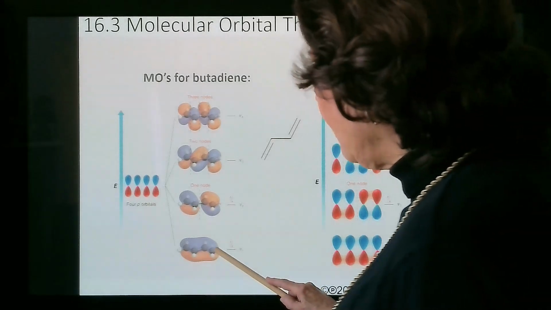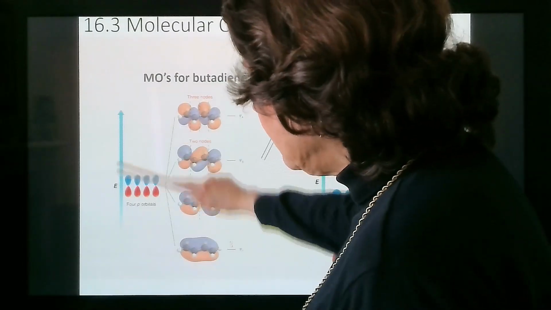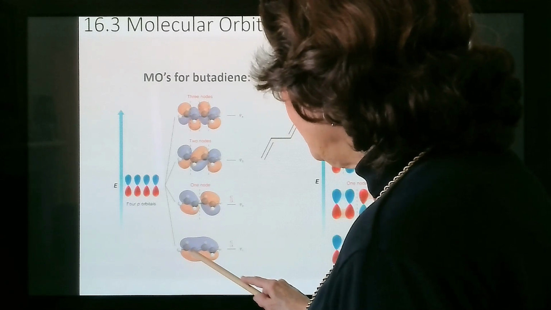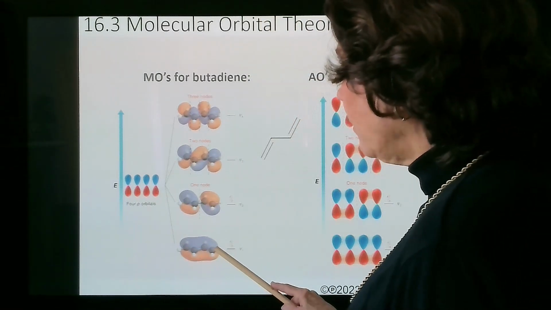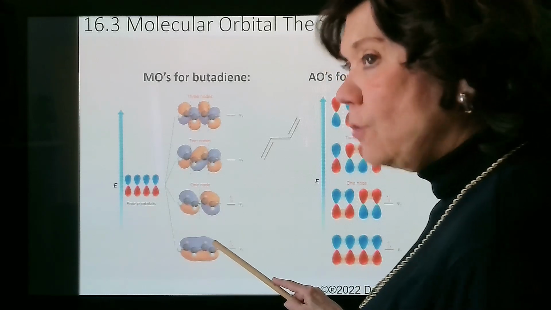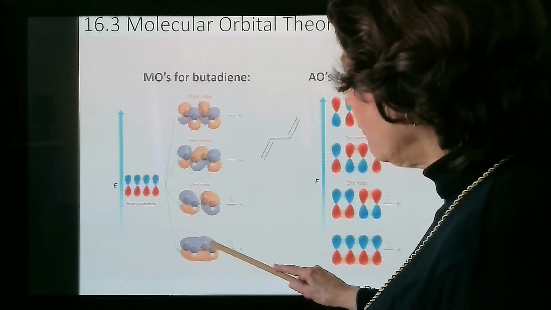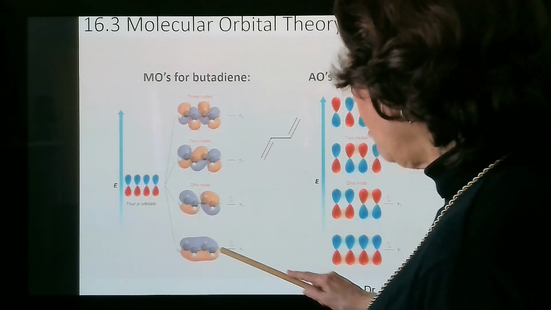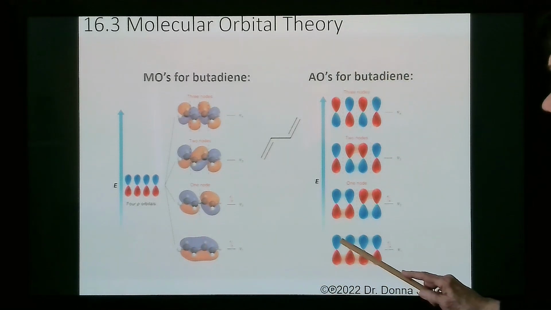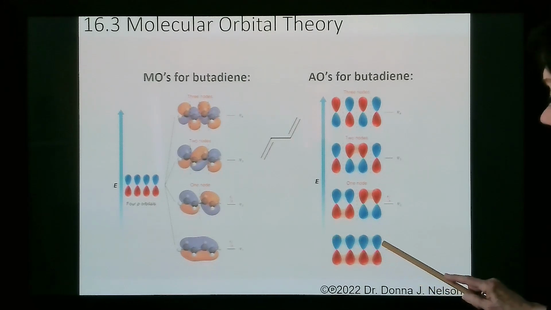You can see the lowest energy. This shows the energy. You can see the lowest energy molecular orbital has no nodes. So in other words, there's overlap across all four atoms involving all four of those atomic orbitals. And you can see it here.